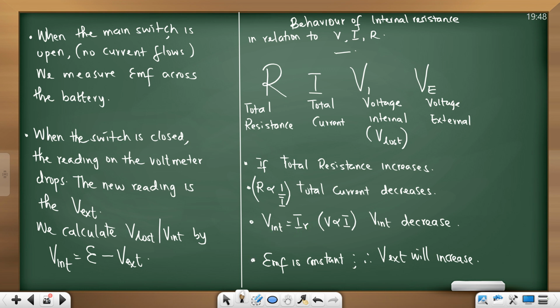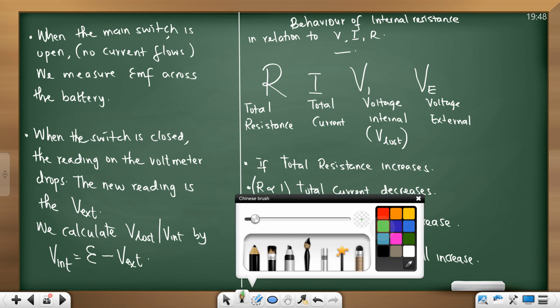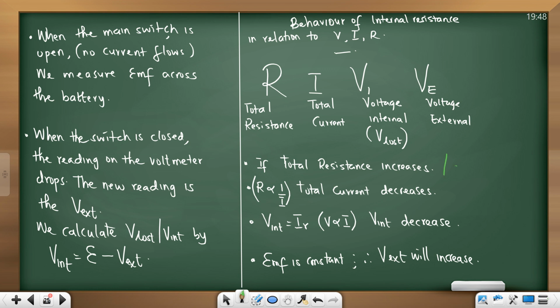And should I change all these values, what's going to happen? Let me use green. If total resistance decreases, what's going to happen to total current? It will increase. If total current increases, V lost will what? Increase. And V external will decrease.